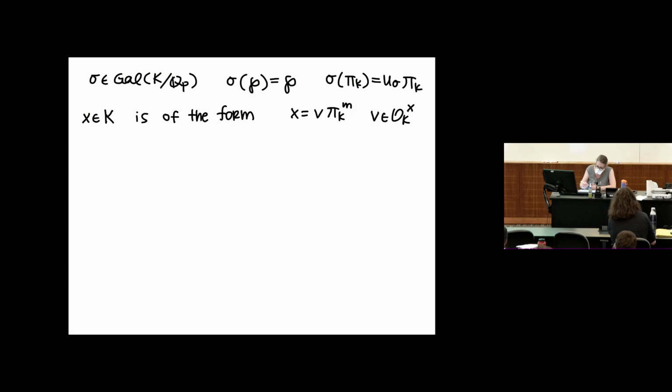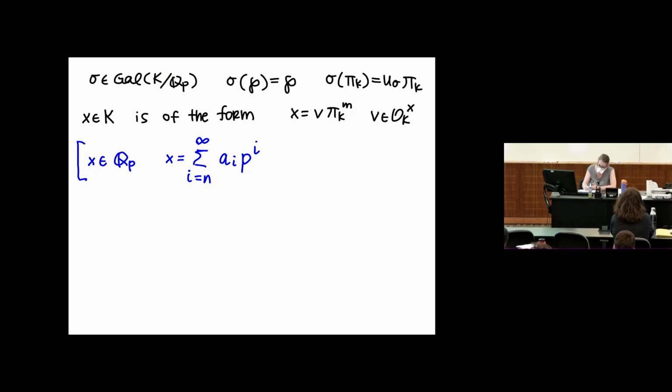And what you should be thinking here is that if you have an element in Q_p, you can write it as a power series, the sum from i equals n to infinity of a_i p^i.